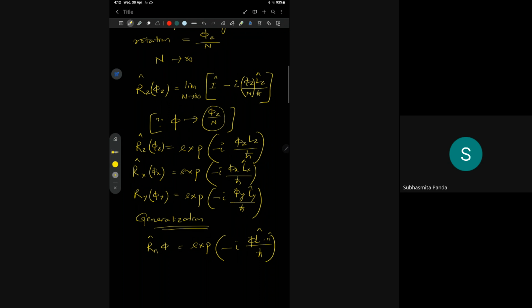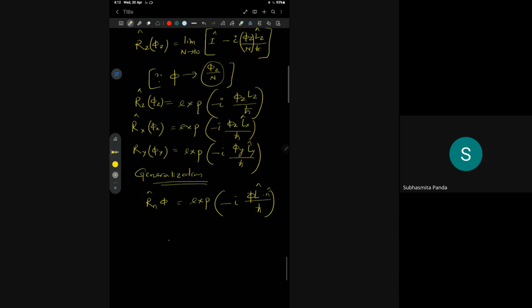Or if we explicitly write it, it will be exponential minus i phi times Lx nx plus Ly ny plus Lz nz, by h cross, where nx, ny, and nz are the components of the n vector along the x, y, z axes.